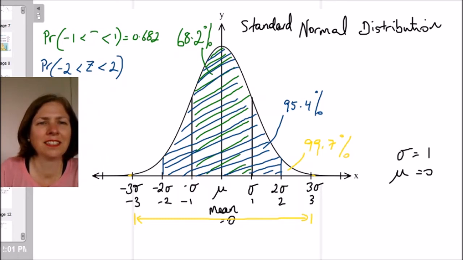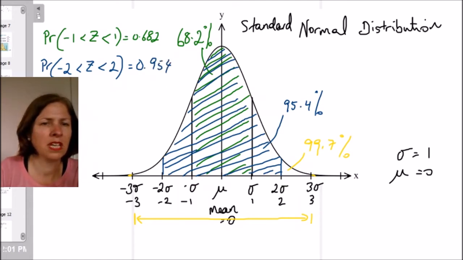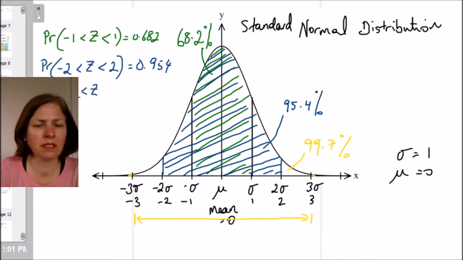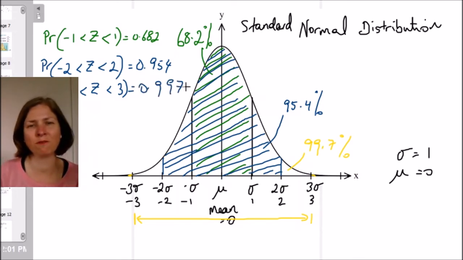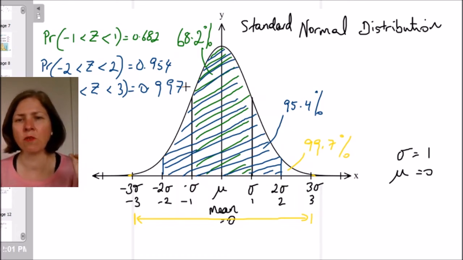Apologies, that's a Z. Okay, so the probability of falling within 2 standard deviations is 0.954, and the probability of falling within 3 standard deviations is 0.997, which I go to 3 decimal places for always, because otherwise it looks like it's 1, and it's not, it's less than 1.